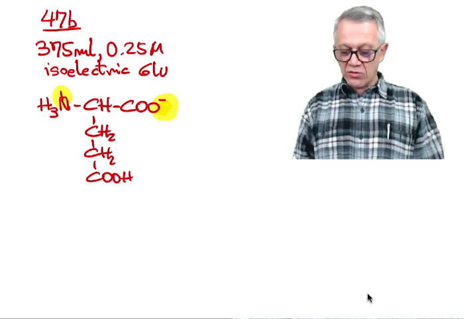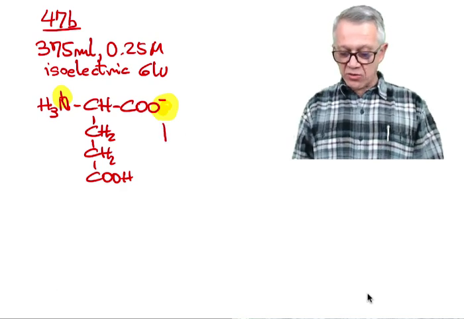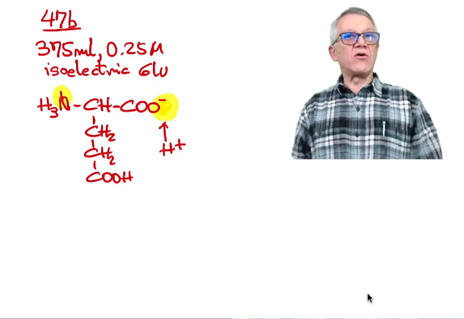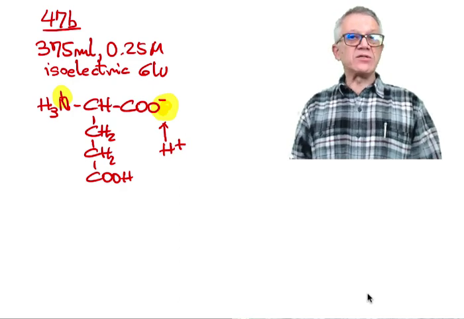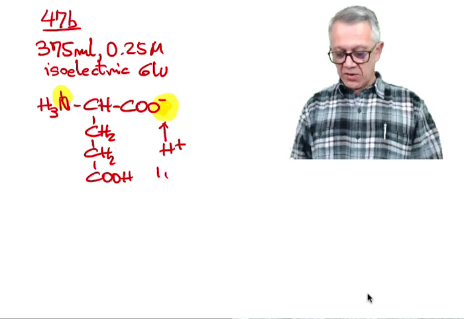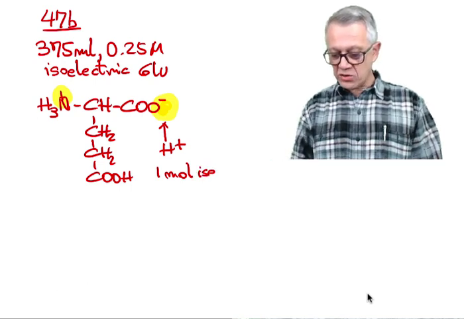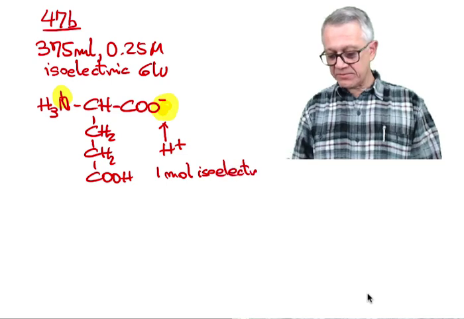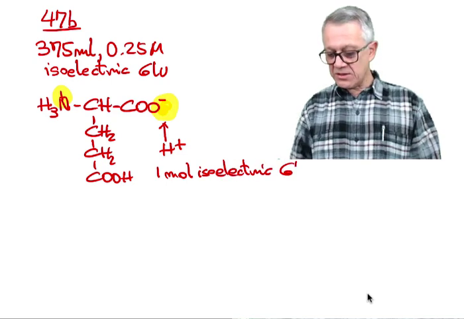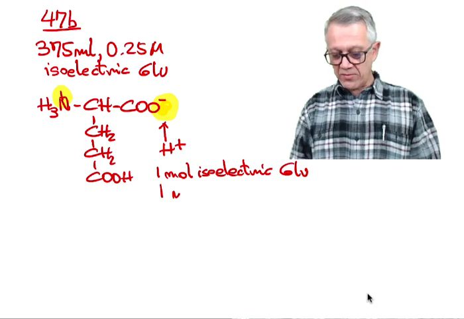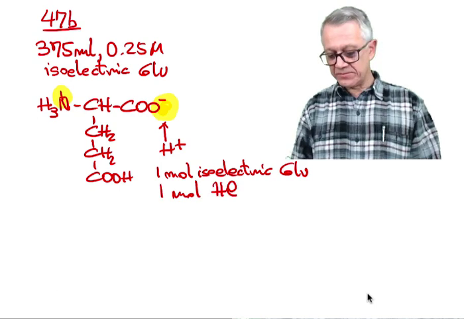Now we know that in order to titrate that completely, we have to add 1 mole equivalent of HCl to protonate this carboxylic group. So our relationship now is 1 mole of isoelectric glutamic acid to 1 mole of HCl.